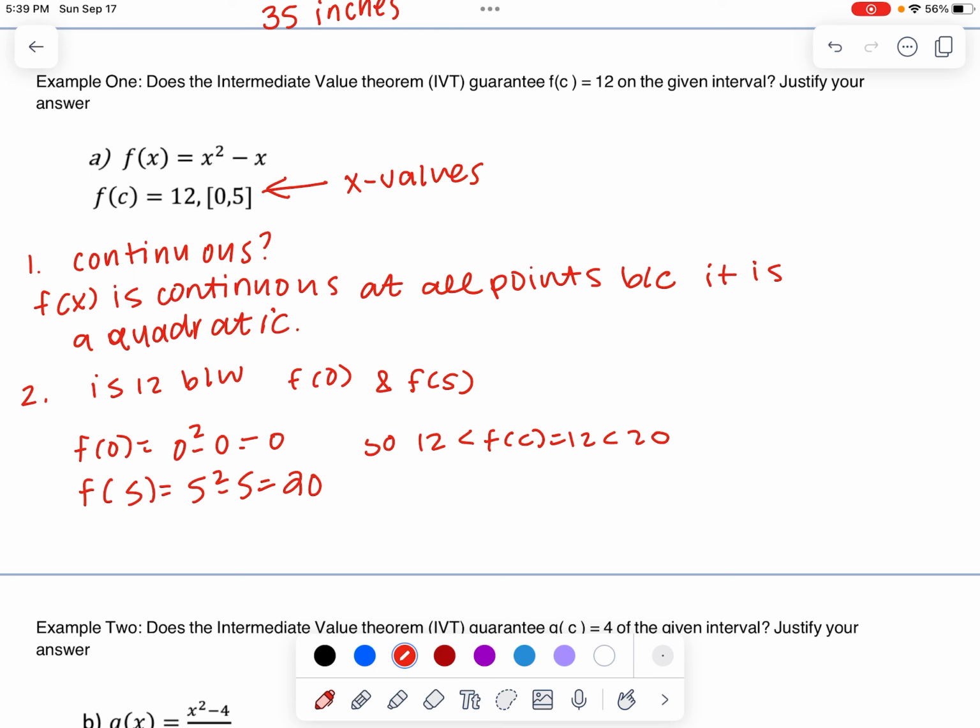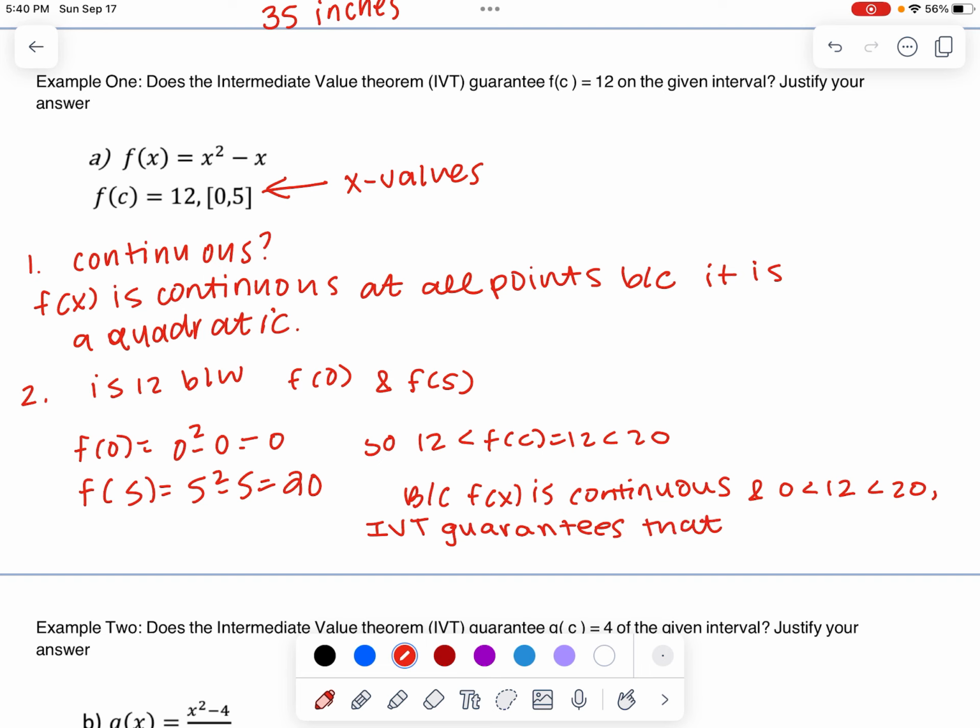And so because those two conditions are met, because f of x is continuous, you always have to write a conclusion statement like this. Because f of x is continuous and 0 is less than 12, which is less than 20, the intermediate value theorem, and you can just write IVT, guarantees that there is a c value in (0, 5) such that f of c equals 12.